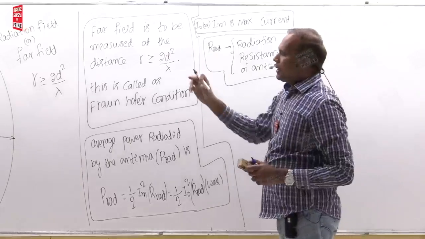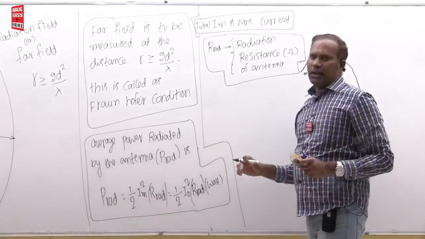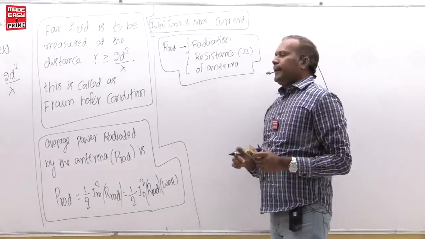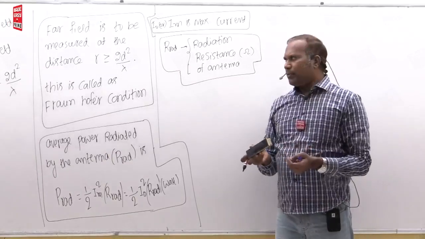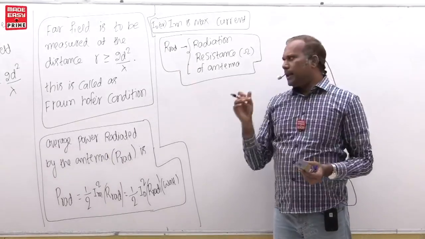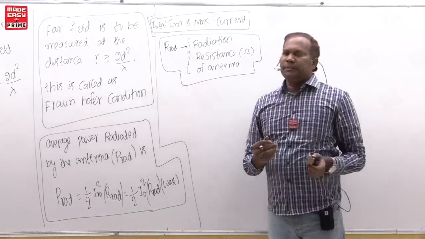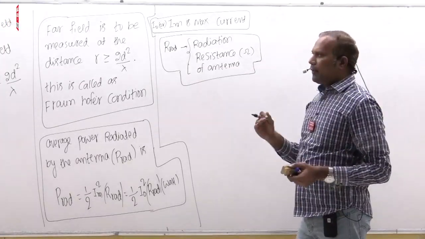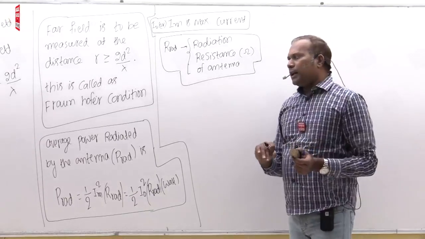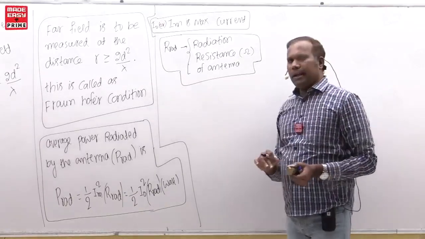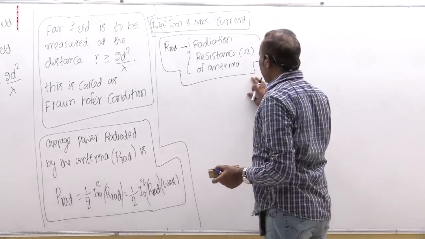Now we have to write the radiation resistance of the Hertzian dipole antenna. In Balanis's book on antennas they have written two different formulas, but in Sadiku's book they write a different formula. Anyway, I will write what they are telling. Note down carefully.